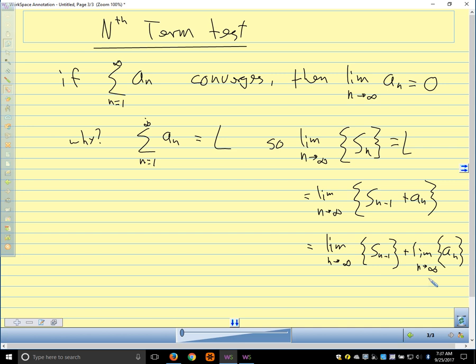Well, this is still the same limit. So this is L plus the limit as n approaches infinity of a sub n.